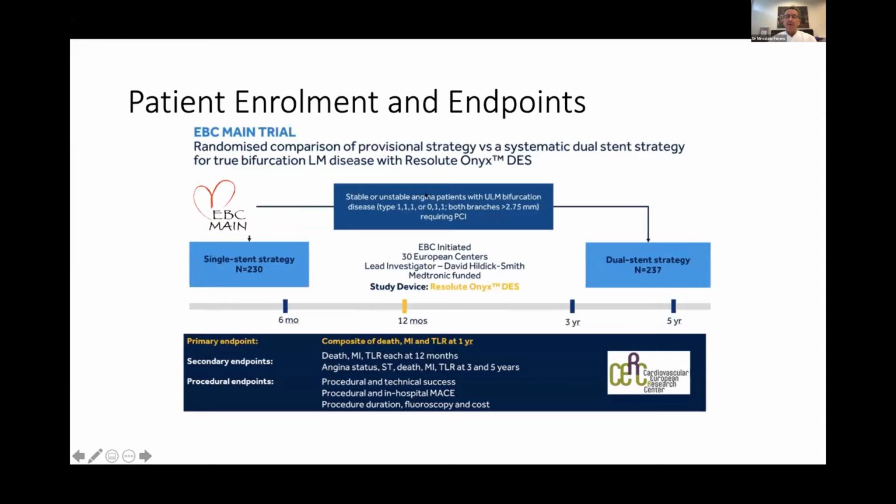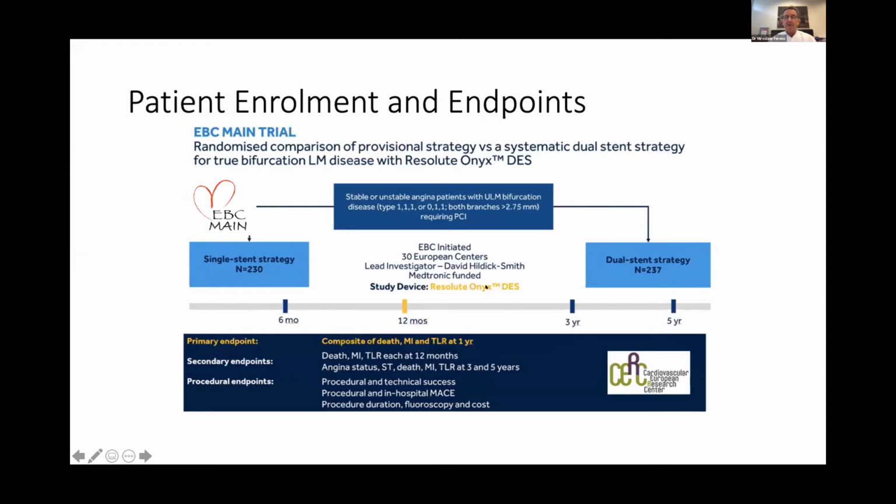We have here randomization of patients with stable or unstable angina with Medina 1-1-1 or 0-1-1 lesions requiring PCI. This is the patient subset with unprotected left main PCI, so CABG candidates were excluded. We have 230 patients with single stent and 237 patients with double stenting.